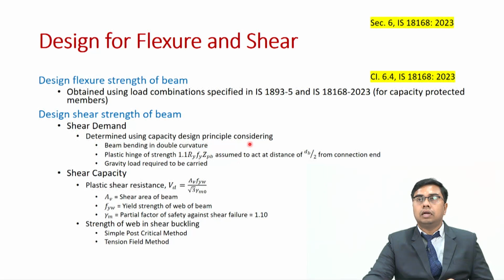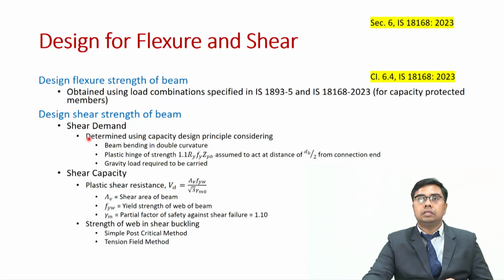All of these are available in clause 6.4 of IS 18168. You can have a look in parallel to these lectures, and based on this we shall be able to find out what is the shear demand.